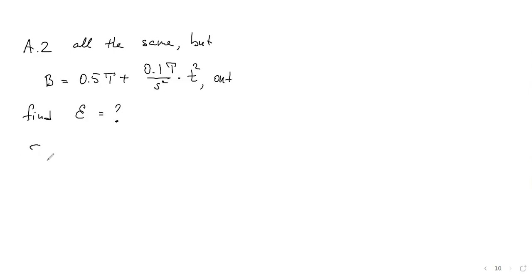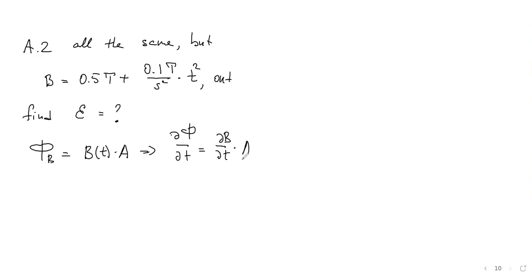What is the flux of magnetic field? Can I just say magnetic field as a function of time multiplied by area? Yeah. So when I take derivative of this, I can take derivative only of the magnetic field.